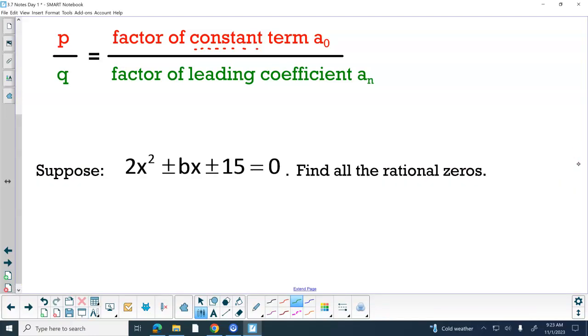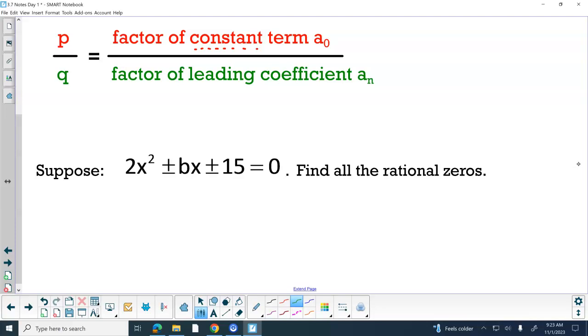Again, it doesn't matter what the function looks like. The only two numbers that matter, if it's written in standard form, are the very first number and the very last number.